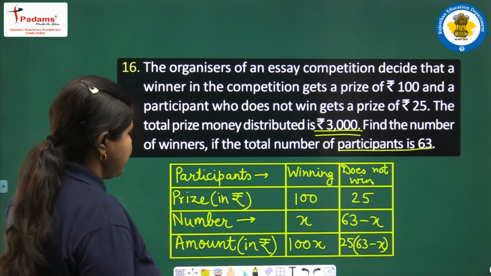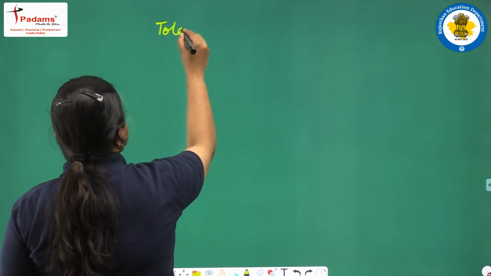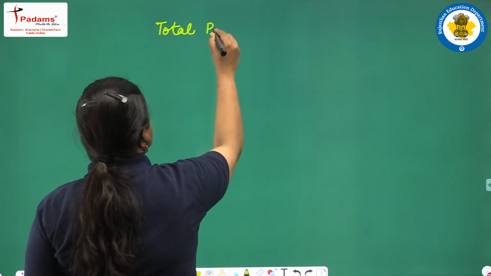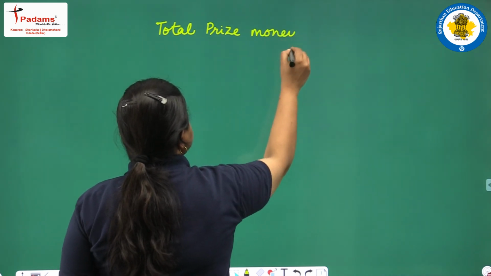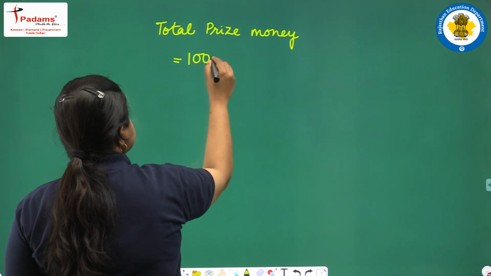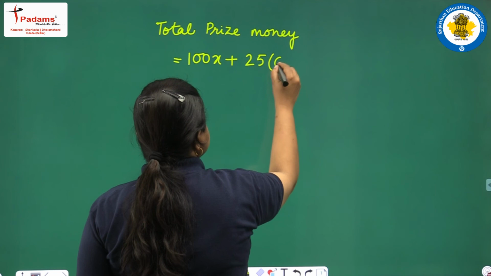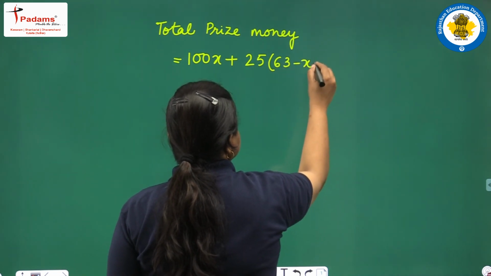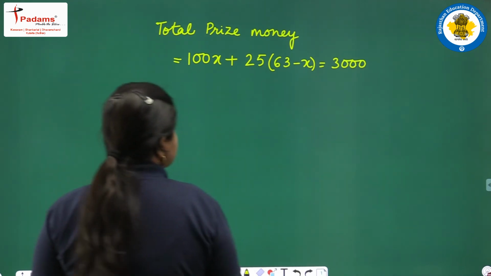Let us do this. We get the total prize money equal to 100x plus 25 into 63 minus x. This has been given equal to 3000.